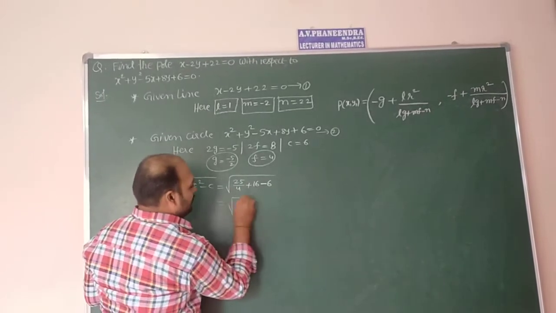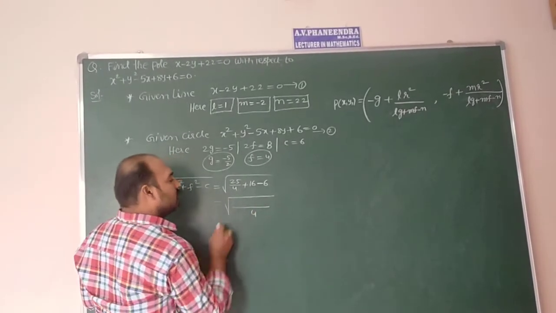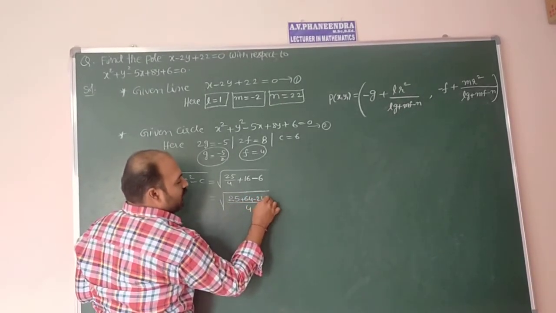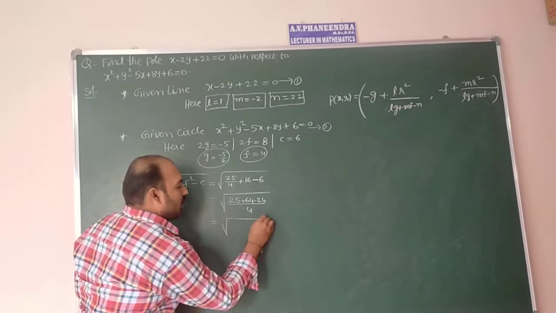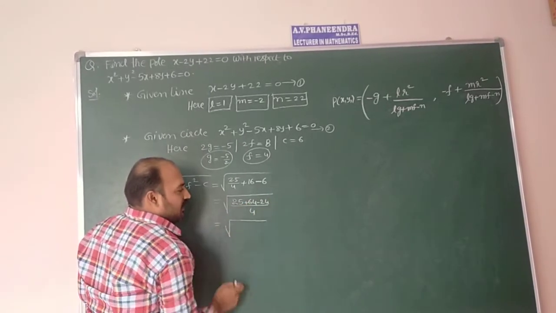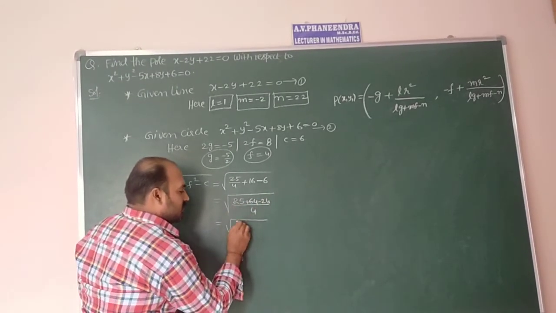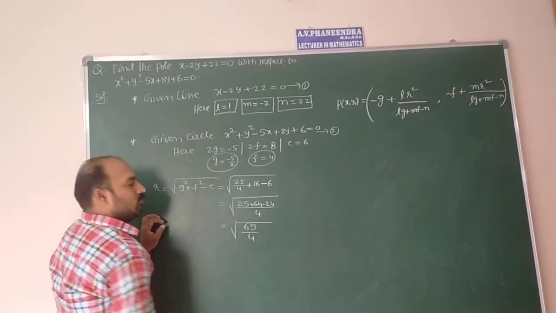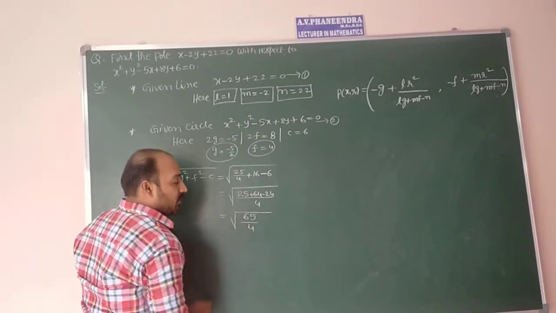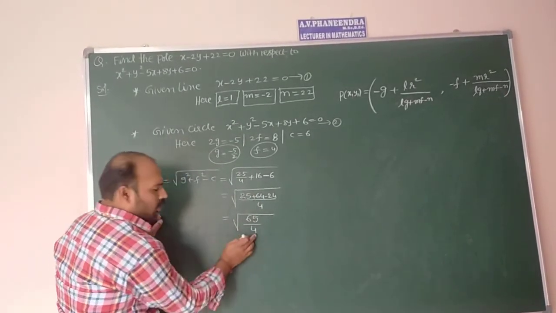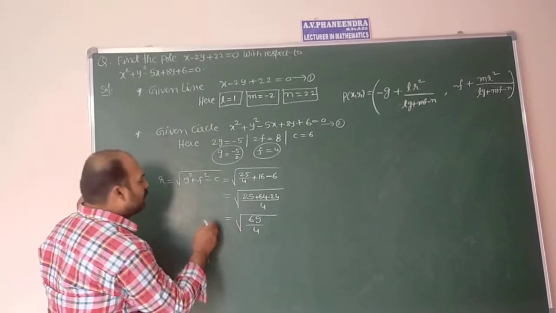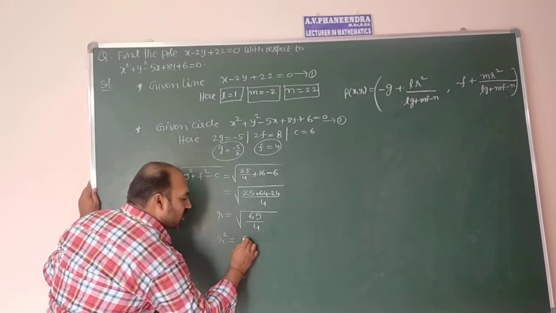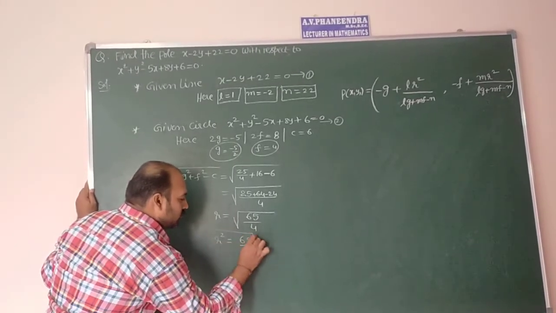If you calculate, 4 is the LCM, 25 plus 64 minus 24, which is equal to square root of 65 by 4. We cannot write the root outside. Why? Because r square is required, not r value. So r square is equal to 65 by 4.